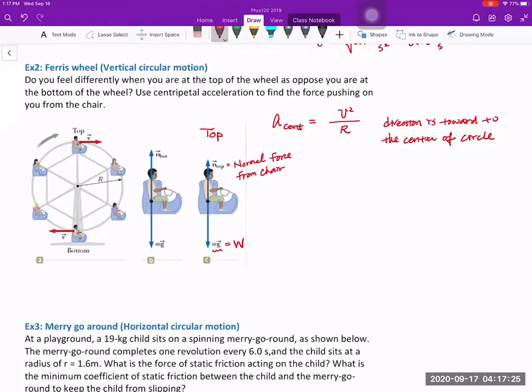And what is the result of this? The result is that you're moving along a circle and the speed is the same, but direction keeps on changing. That result is going to give you a force. That force is called the centripetal force. That force is a center-seeking force. The force is always toward the center of the circle.